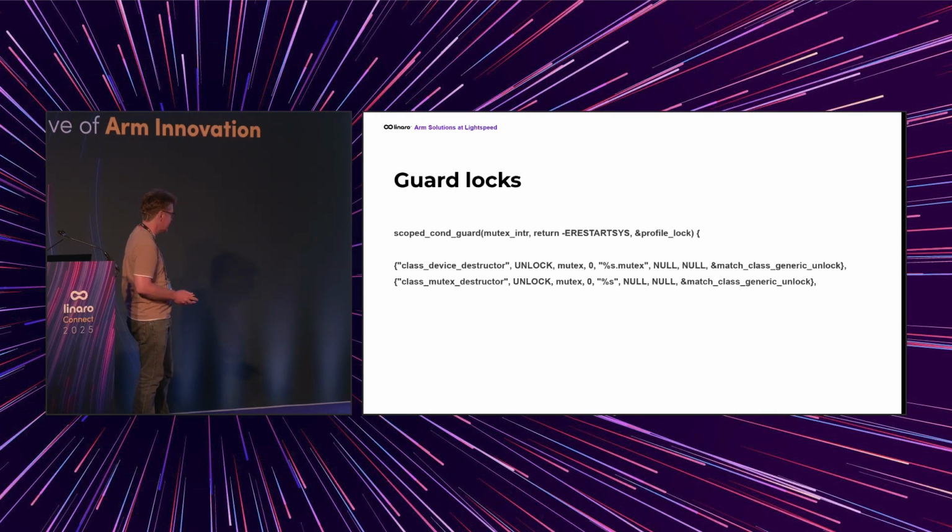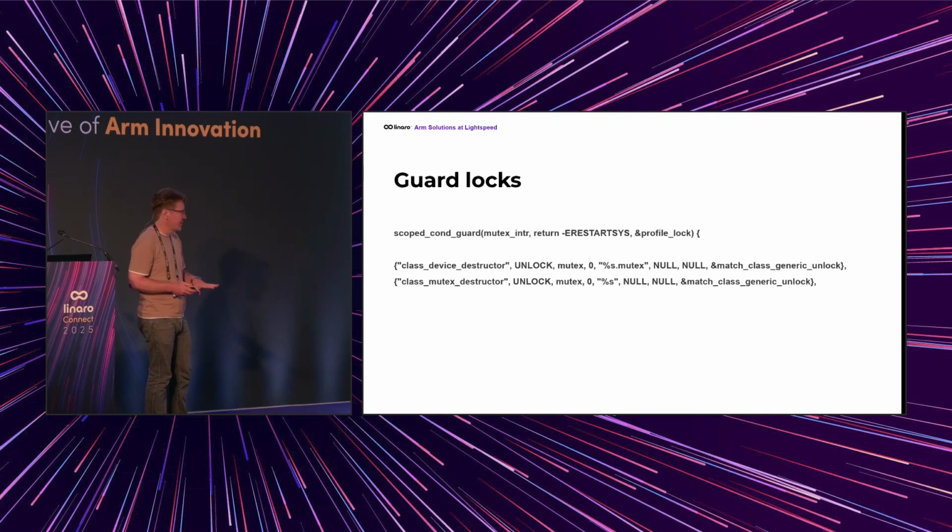Guard locks are a new thing in the cleanup.h, and they kind of eliminate all the forgot to unlock bugs. They're a kind of headache from a static analysis perspective because the lock is kind of hard to access. And this is like a conditional unlock. So if the mutex you get is interrupted, somebody presses Control-C or whatever, then it returns.